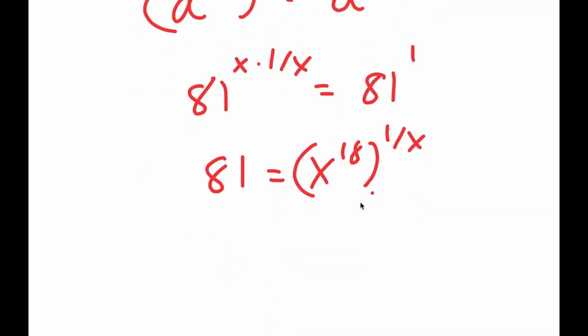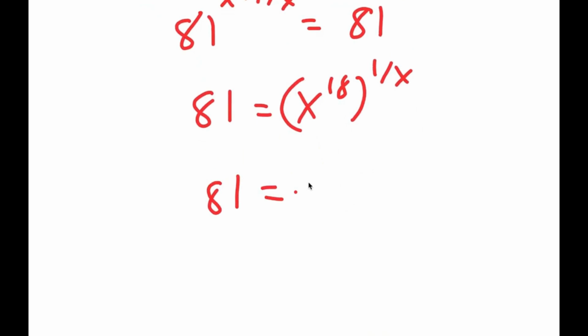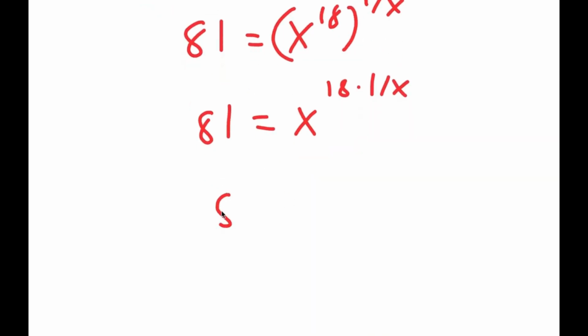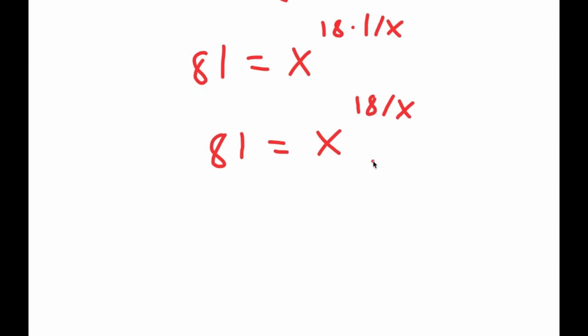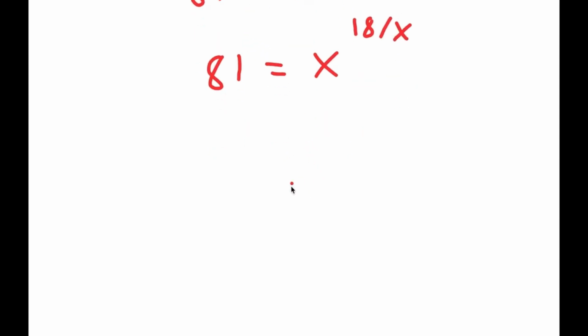So I get 81 is equal to x to the power of 18 to the power of 1 over x. And x to the power of 18 to the power of 1 over x is the same thing as x to the power of 18 times 1 over x, which is the same thing as x to the power of 18 over x. Now I'm going to take the power of 1 over 18 on both sides.